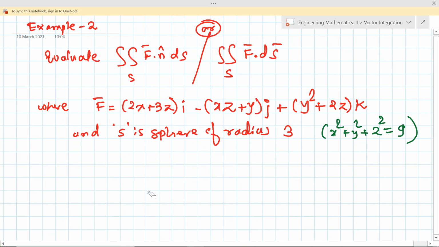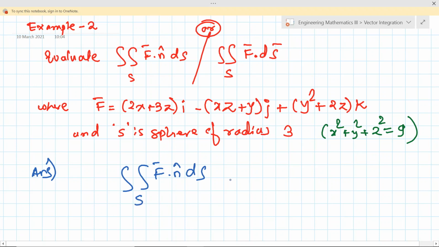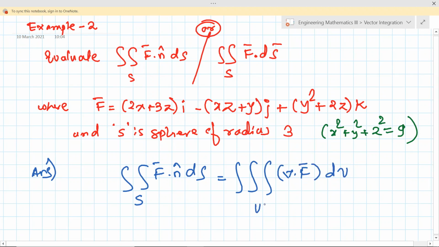Now, by the divergence theorem, the surface integral of f bar dot n cap ds over S is the same as the volume integral of del dot f bar dv over the volume V.